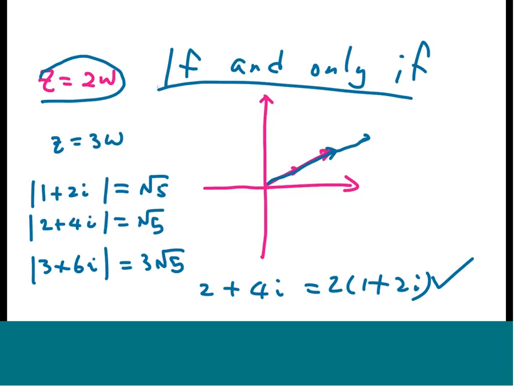So let's see. This triangle inequality is very, very important. Then what is the equality condition of the triangle inequality when W and Z are written in polar form?